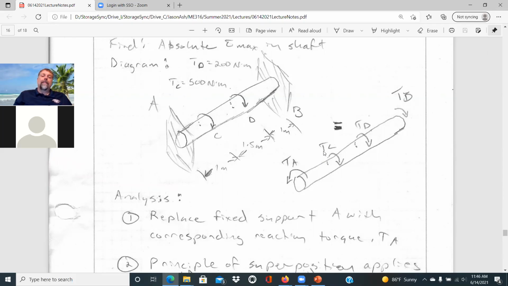And then since TC is 500 Newton meters in the opposite direction, it's relieving that torque at A and dropping that down to a negative value. TD is dropping that down to a further negative value, and then TB acts in the opposite direction, so it's bringing that back up to 0. And so it's similar to the previous problem where it really requires your free body diagram to figure out what those internal torques are.